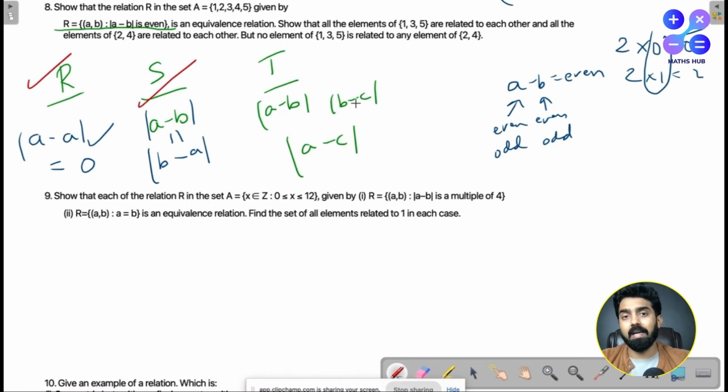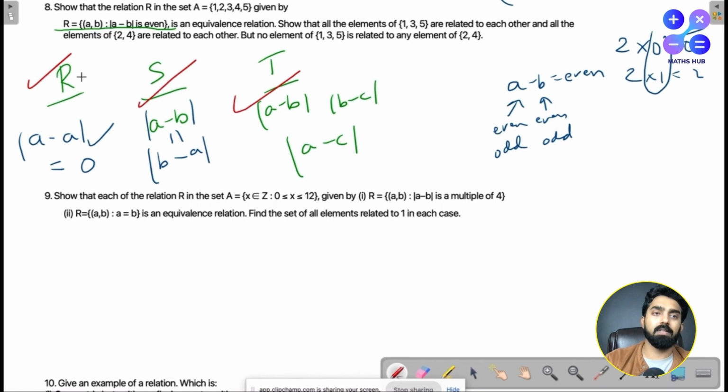If it is at the same time, that means if a is odd, b will have to be odd and c will have to be odd. If a is even, b is even, and c should also be even for the entire thing to be even, right? So that means a and c will both be even or both be odd at the same time. So that means this also works as the right transitive relation.